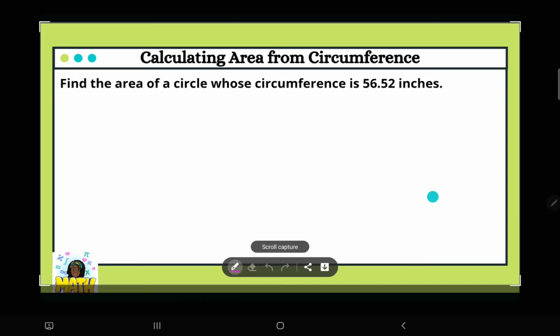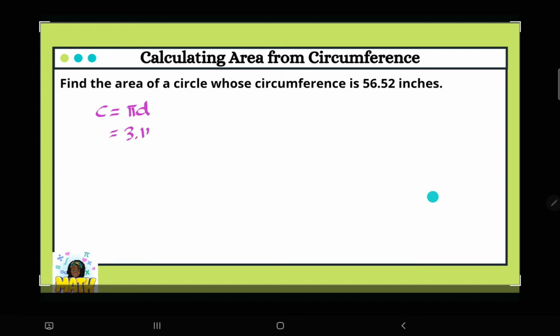Find the area of a circle whose circumference is 56.52 inches. So again, we're starting off with the formula C equals pi d, where pi is represented as 3.14. And I'm rewriting my d, and I'm going to plug in 56.52 for my circumference. So I'm going to rewrite this without the parentheses.